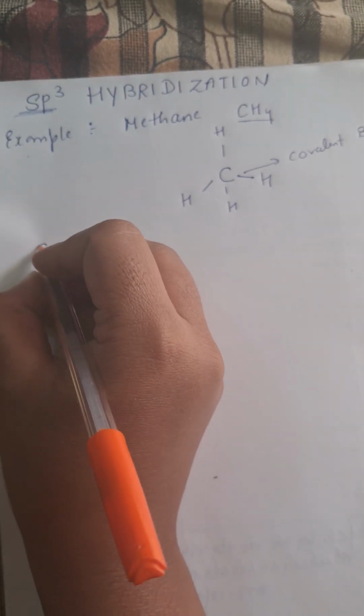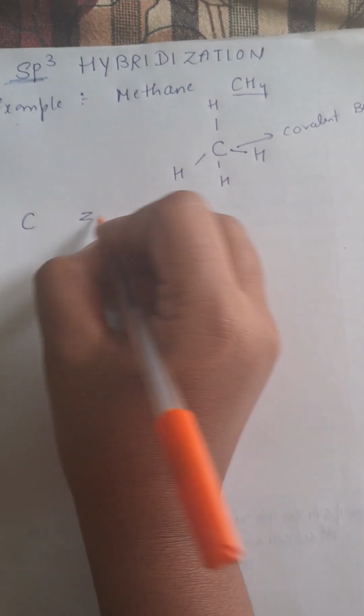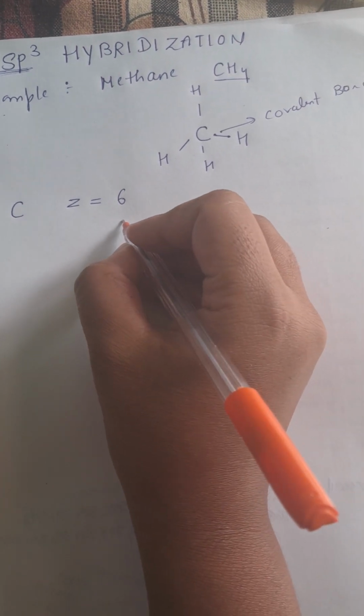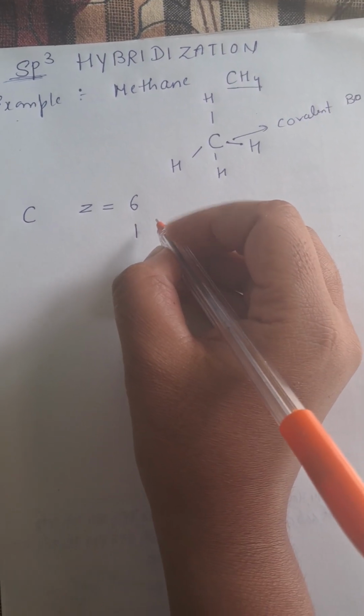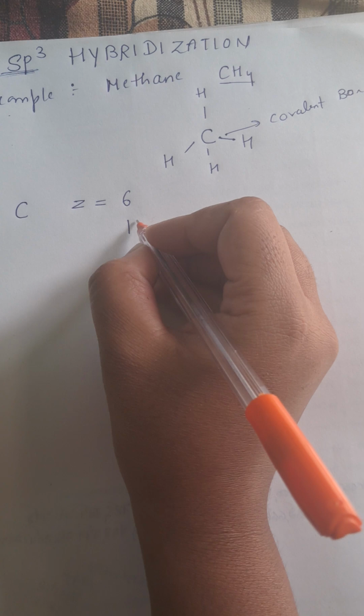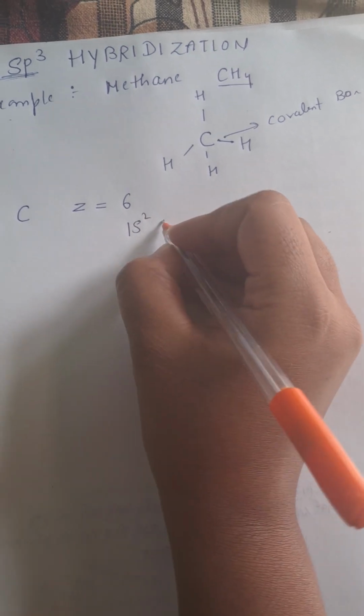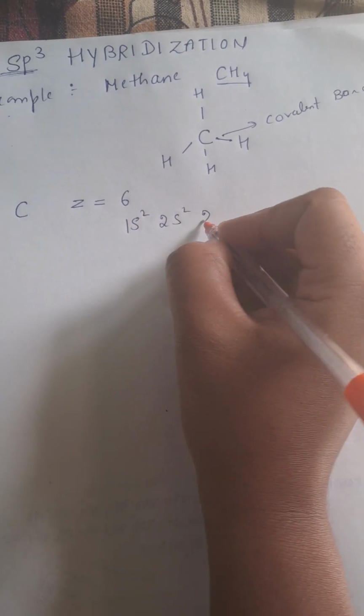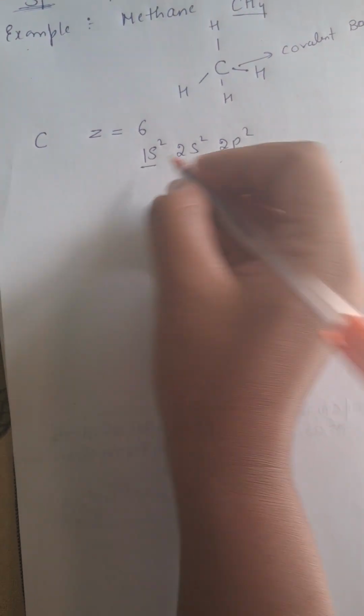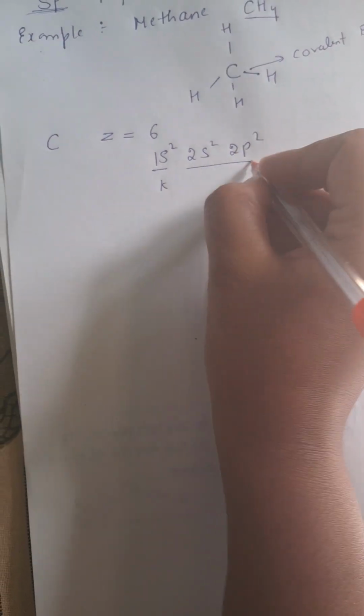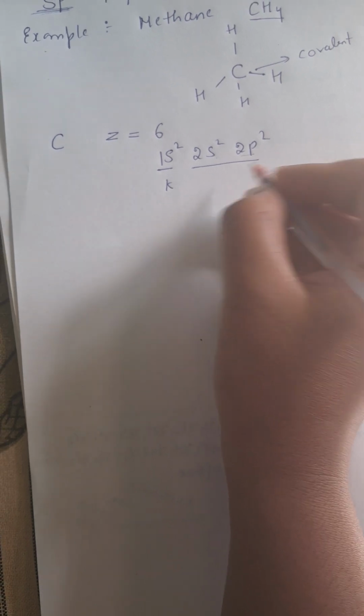So let's take the carbon. The atomic number of carbon is 6. If you don't know the configuration, kindly go back and read it. It's 1s2, 2s2, 2p2, where 1s is in the first shell, the K shell, and 2s belongs to the second shell, the L shell.